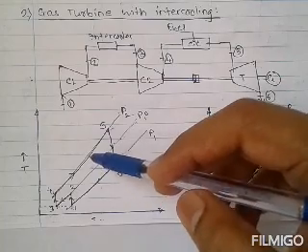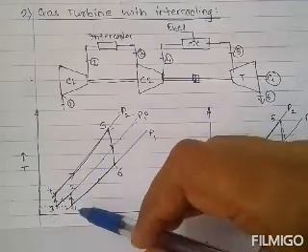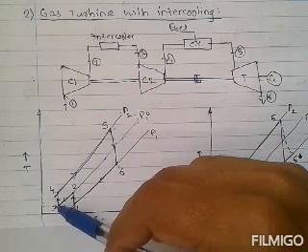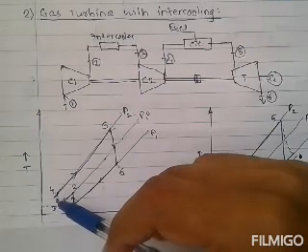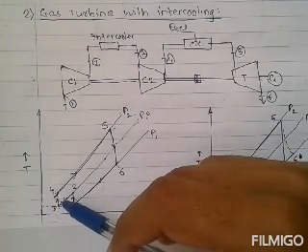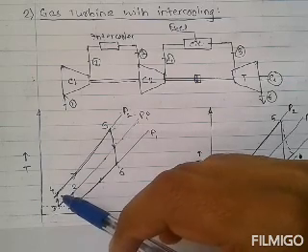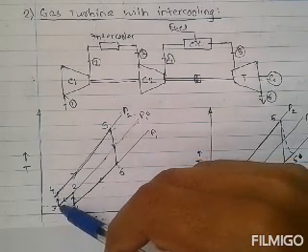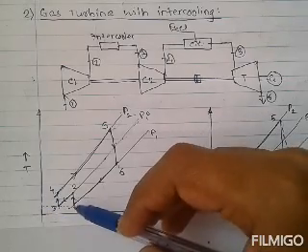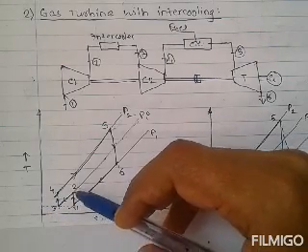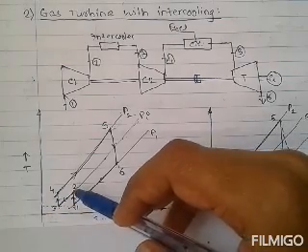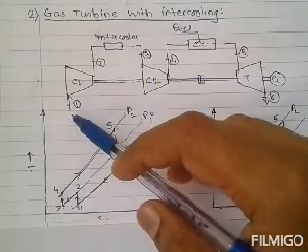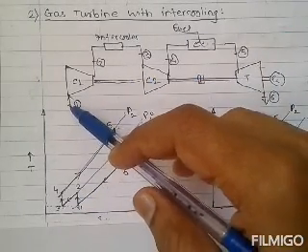One thing you have to keep in mind in case of intercooling: if the temperature at point 1 and the temperature at point 3 are the same, then it is called perfect intercooling. So if in a numerical there is the term perfect intercooling, that means the temperature at point 1 and the temperature at point 3 are the same, that is, after intercooling the temperature is similar to that at the inlet of the compressor.